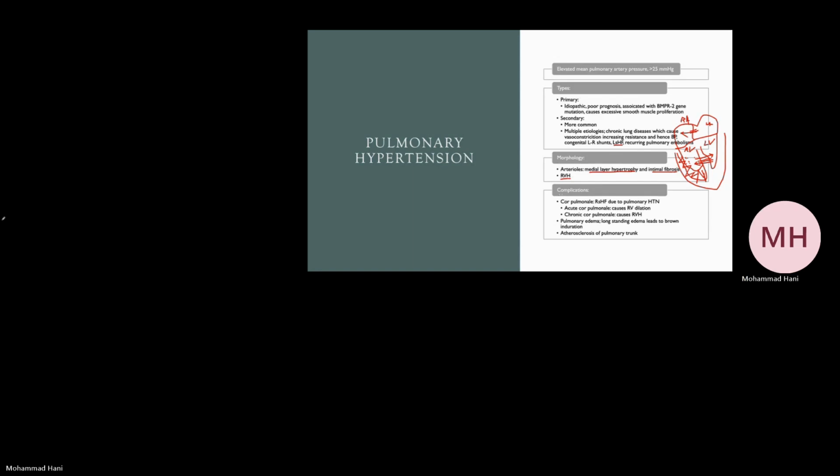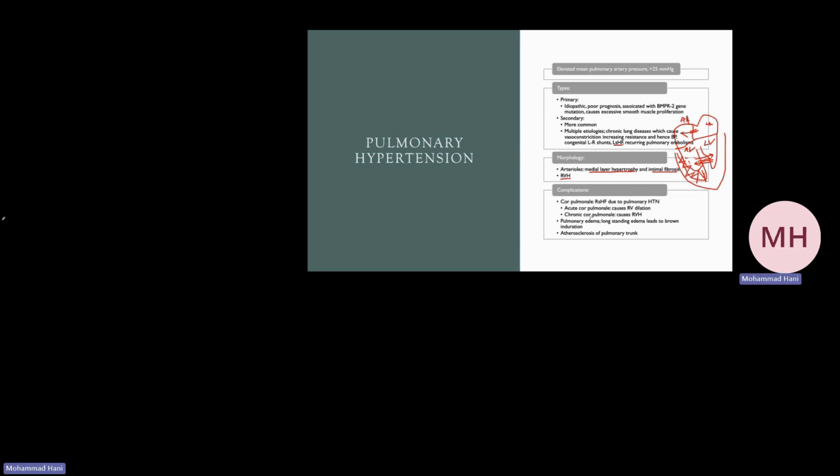Complications: the main one is cor pulmonale. Cor pulmonale basically means right side heart failure due to pulmonary hypertension. No matter what the etiology is, if pulmonary hypertension causes right side heart failure, it's immediately termed cor pulmonale. It can be divided into acute and chronic cor pulmonale, and the morphology does vary depending on whether it's acute or chronic.